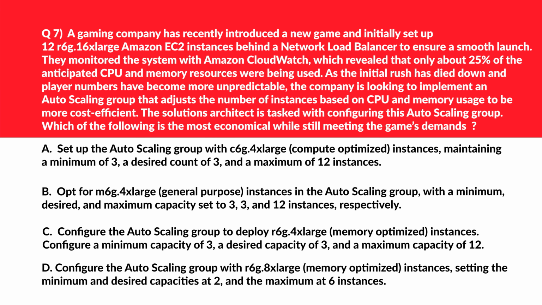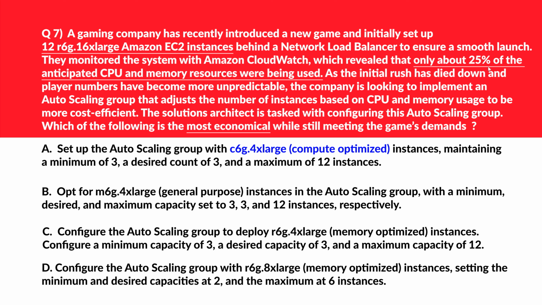Alright, let's cover some concepts related to EC2 now. We'll first look at option A. Option A says set up auto scaling groups with C6G 4x large compute optimized instances. So option A is not the best choice for a game that has shown to consume only a quarter of the expected CPU and memory.